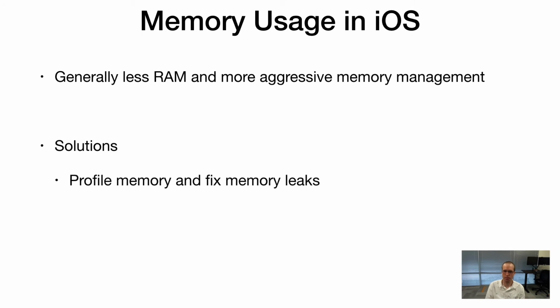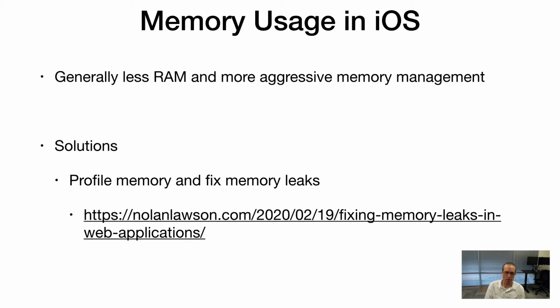So potential solutions: you should be profiling your application's memory and fixing memory leaks. This article here from Nolan Lawson, who used to work on Microsoft Edge, came out very recently, and this, in my opinion, is the best intro to web browser memory leaks that I have ever come across. In the years that I've been doing memory profiling, this hits the key points and hits it well.